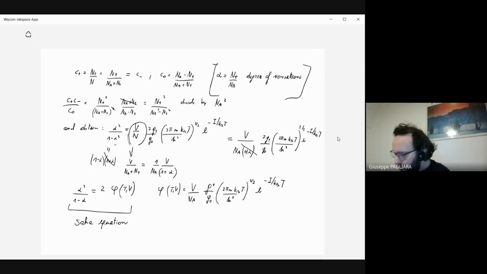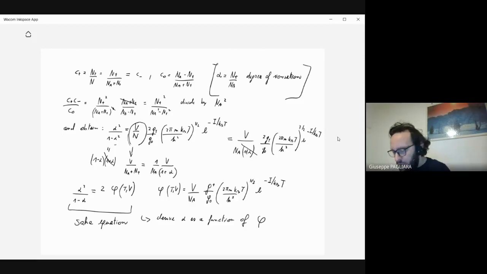Of course, now we can derive alpha as a function of phi, because at the end what we want to obtain is the degree of ionization, which is alpha.